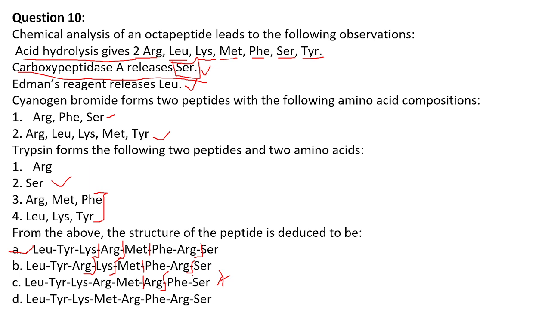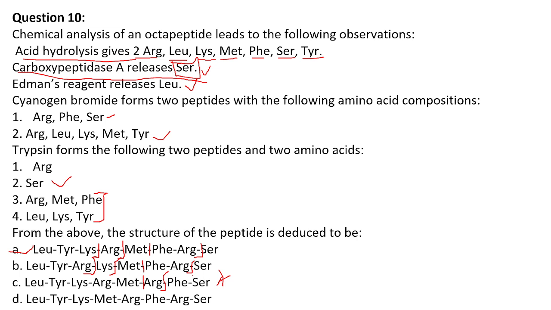Again, it is saying carboxypeptidase A releases serine. Carboxypeptidase A reacts with the C terminus amino acid and cleaves it. So in a way, it is saying that the C terminus amino acid is serine.